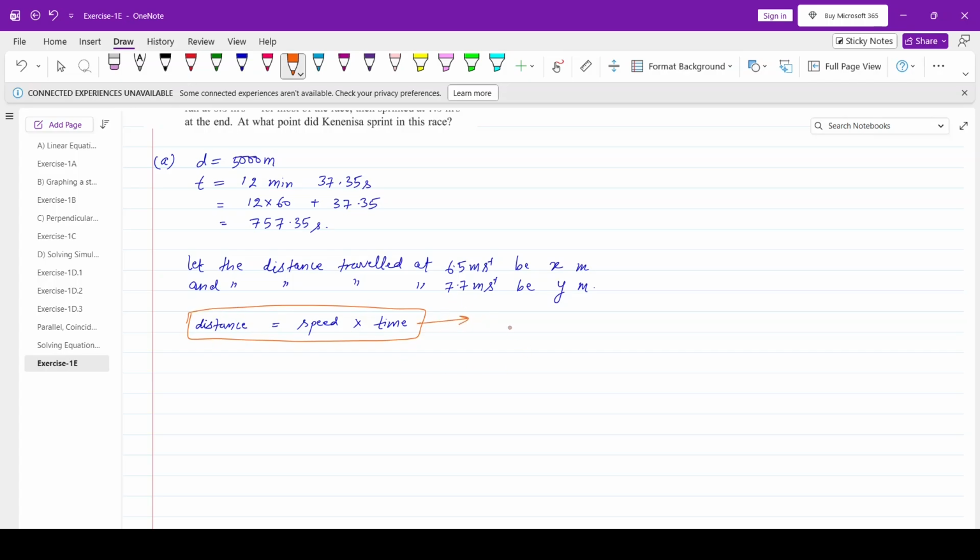Or we can also say from this equation that time is equal to distance divided by speed, right?